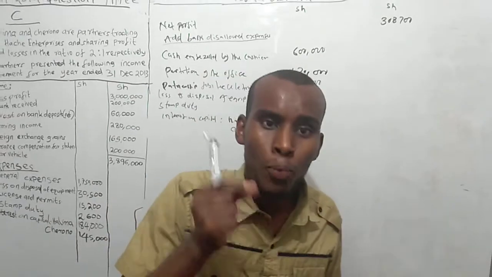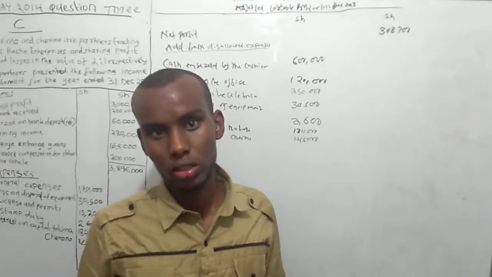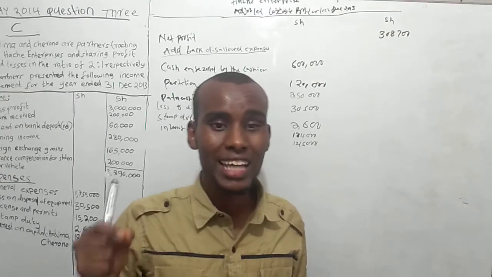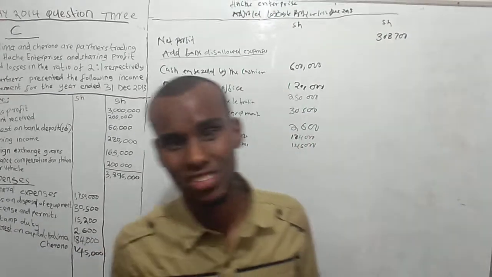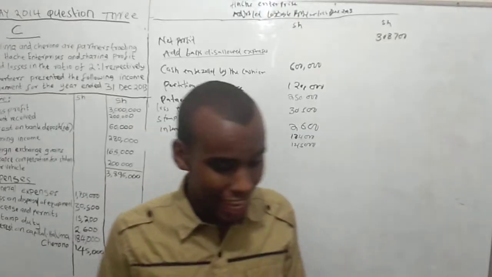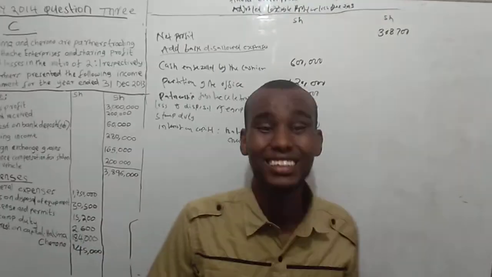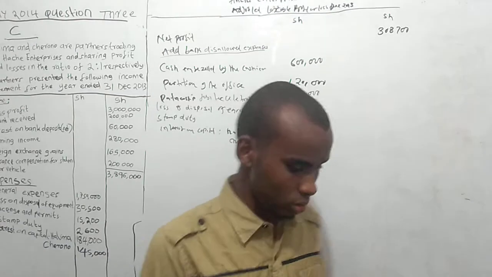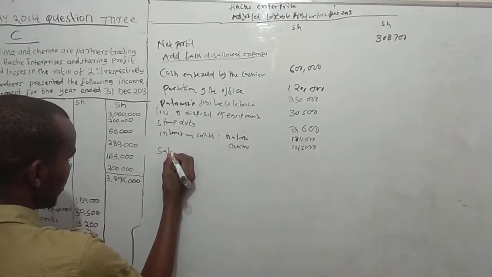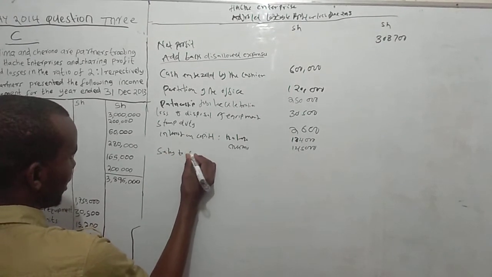So salary to partners is not allowable. So you see, out of that 1,200,000, we only tax the one given to the partners. So we are only going to tax the salary to Halima and Sherono, which is 420 and 630. So let's say salary to partners.